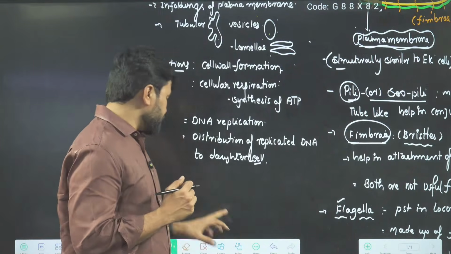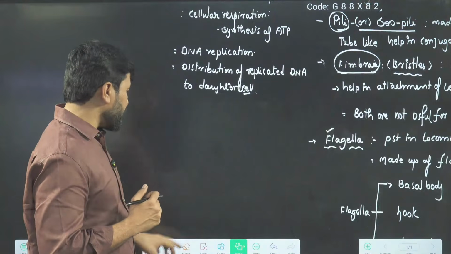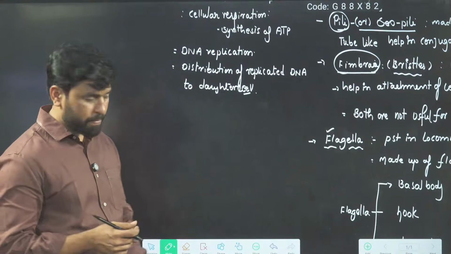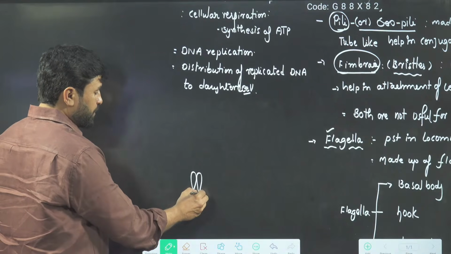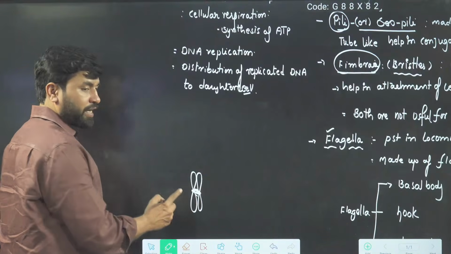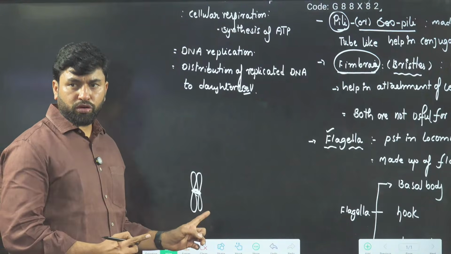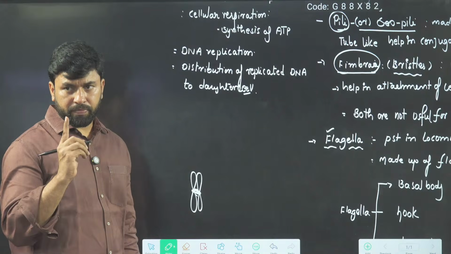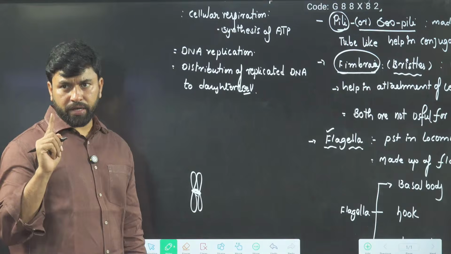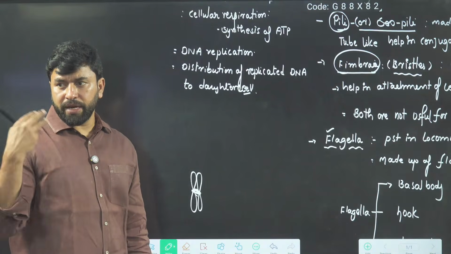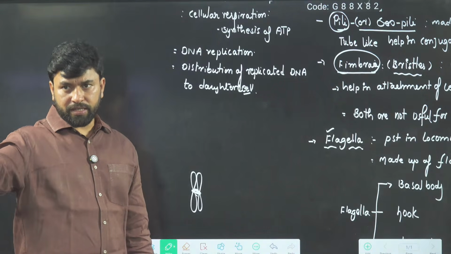Let us see. In a eukaryotic cell, how does distribution occur? In metaphase, there is a clear-cut development of two chromatids in one chromosome. Each chromatid contains one DNA. That DNA has to enter the future daughter cells.